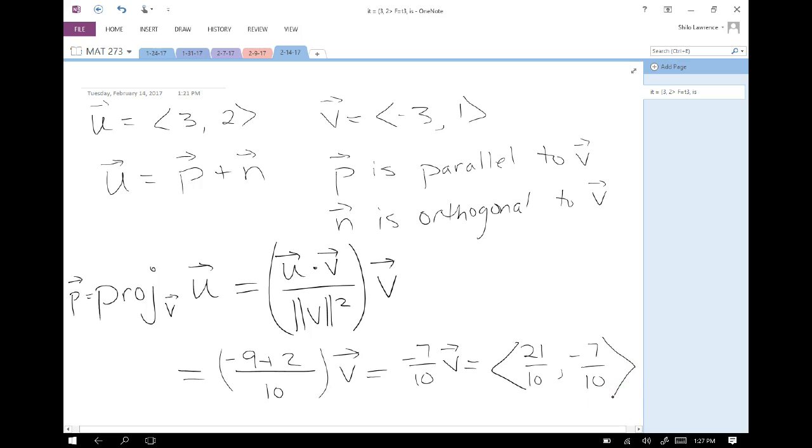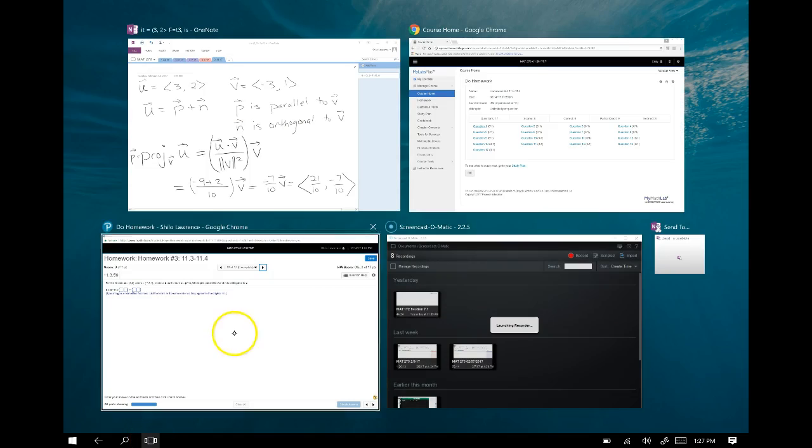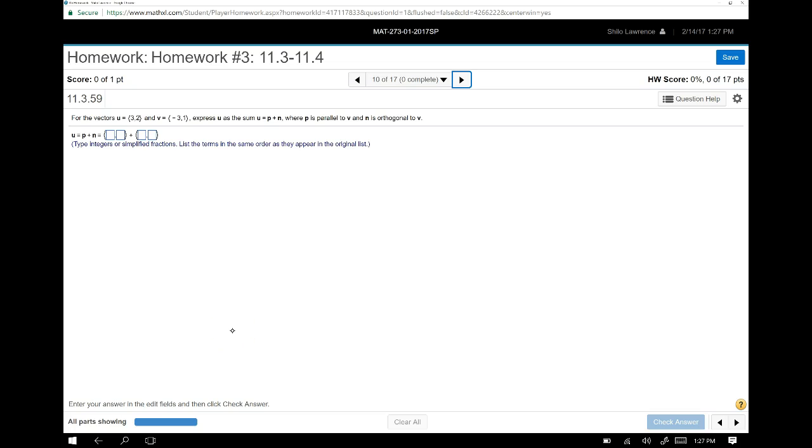All right, so in this answer, how do you know which goes first? What do you mean? It got to a point where I was getting the answer right, but then I would have it in the wrong box when I put the answer in. So, okay, it says P is parallel, and it says write it as U equals P plus N. So they want the parallel one first, and N is orthogonal, and they want that one second.